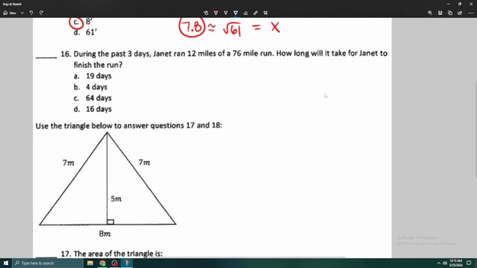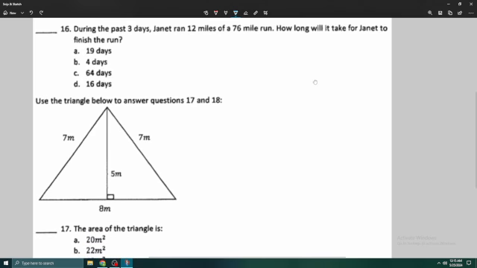Okay. During the past 3 days, Janet ran 12 miles of a 76-mile run. How long will it take for Janet to finish the run? This is a strange problem. Janet ran 12 miles. I think we're going to have to set up a proportion.